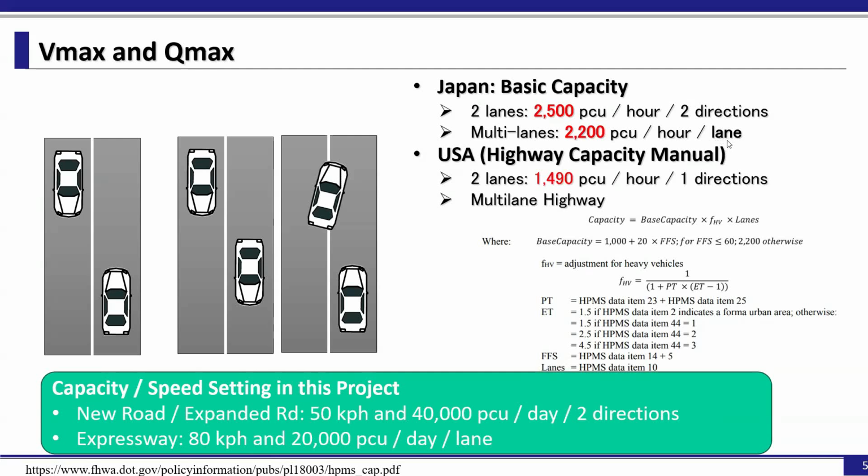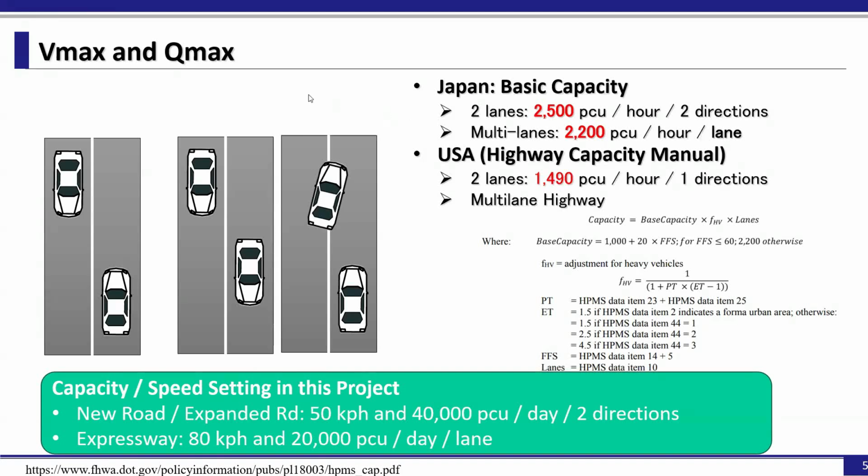lane. Then, with some friction factors, the actual traffic capacity will be decreased. However, on multi-lane roads, the capacity per lane is actually 2,200 PCU, which seems to be nearly twice the two-lane roads per direction.